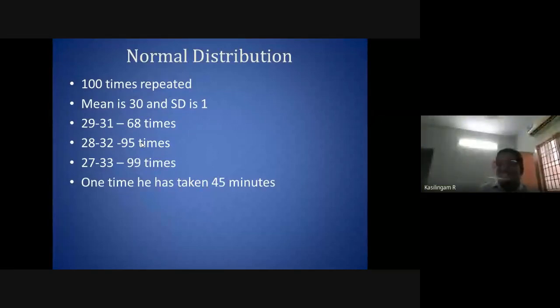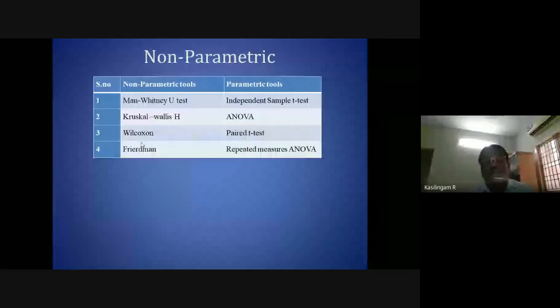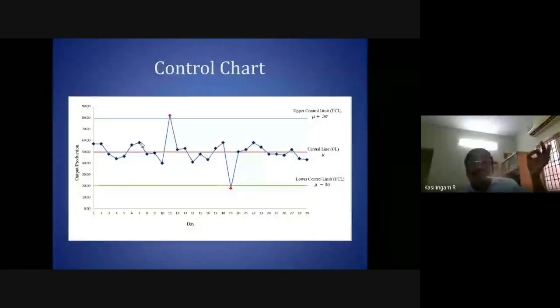The deviation. But this deviation is not a normal deviation. It is an abnormal deviation. This observation we have to reject, beyond 3 standard deviations. We have to reject it in a control chart. Why? Because there is an assignable cause.